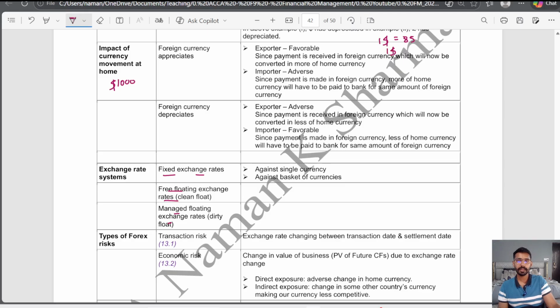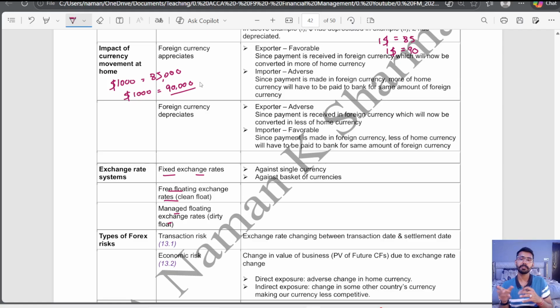Now $1 is equal to 90. So earlier you would have received 85,000, but now because the dollar has appreciated, you are going to receive 90,000. Correct? So as an exporter, when foreign currency appreciates, you are in a favorable scenario.